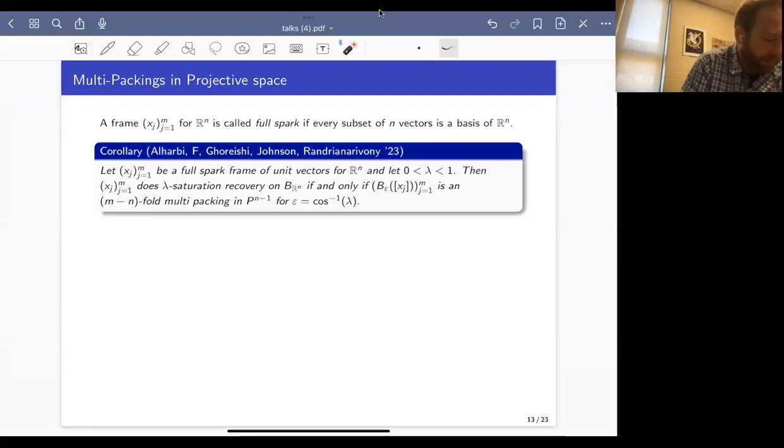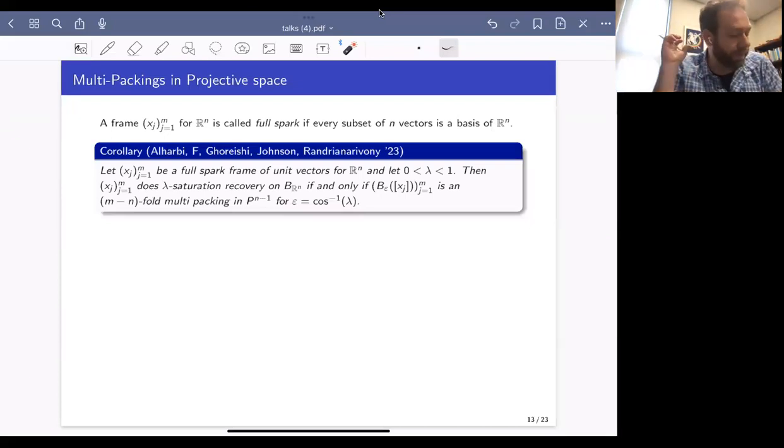So our characterization of lambda saturation recovery pretty much immediately gives that if you have a full spark frame of unit vectors and you pick any saturation level lambda, then this frame does lambda saturation recovery on the unit ball if and only if we have an m-n fold multi-packing in projective space, where the radius is inverse cosine of lambda.